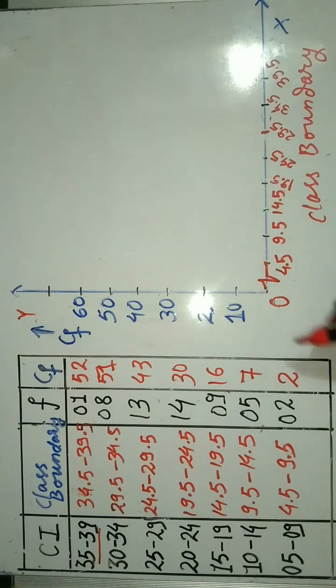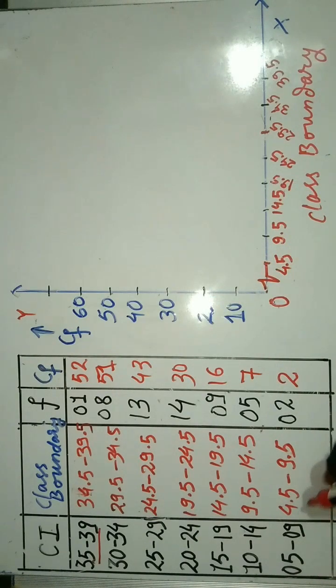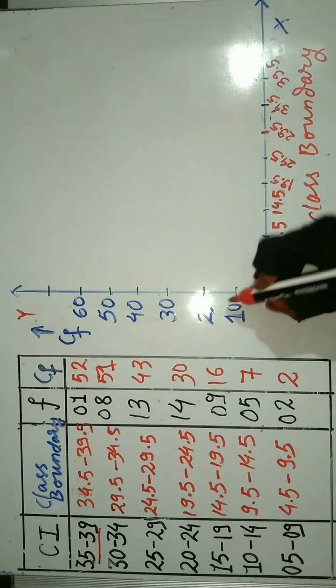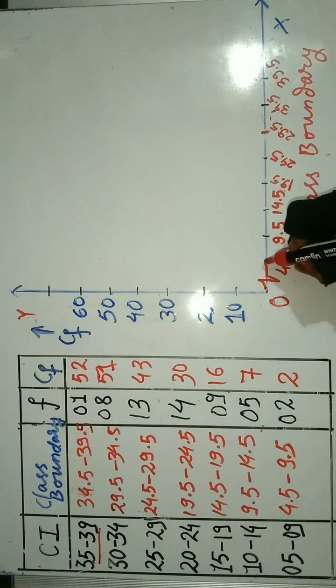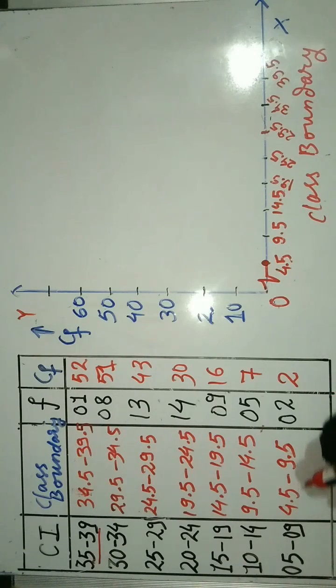For the ogive, look at the first class boundary, that is the lower class boundary 4.5. Here we will take the cumulative frequency as 0. So mark it at 0. Now for 9.5, the cumulative frequency is 2 for the class boundary 4.5 to 9.5.